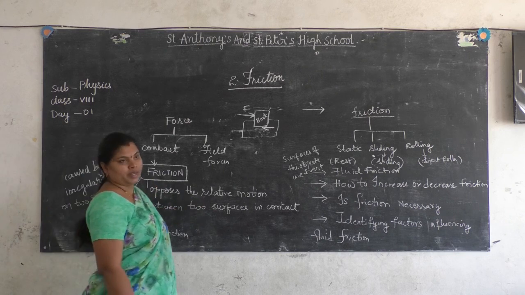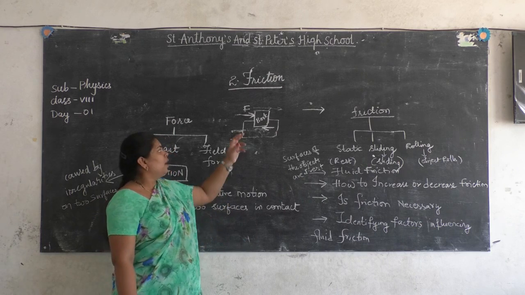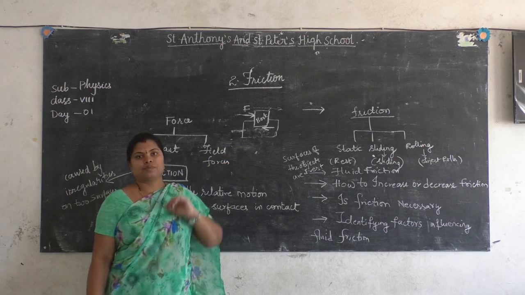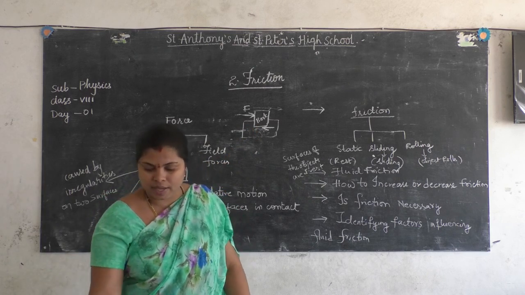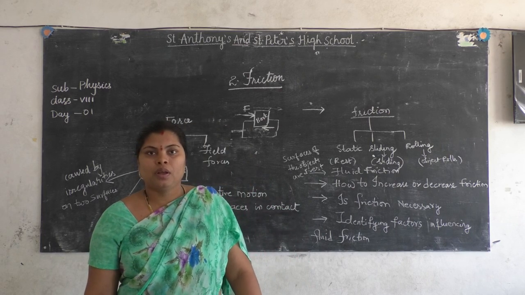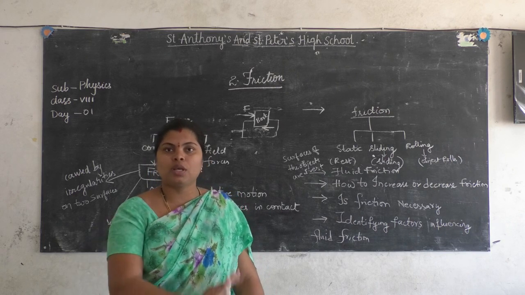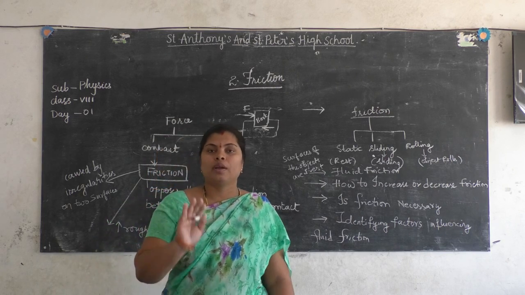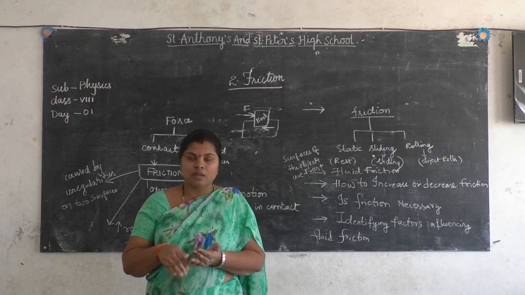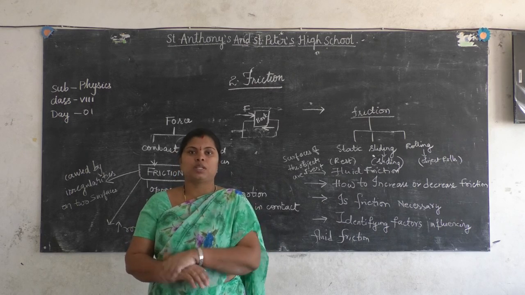I say relative motion because the term relative means here, with respect to the surface of the table, the book is in motion. If I keep my book on the table and push it, applying some force, the book starts moving. With respect to the surface of the table, the book is in motion, right?